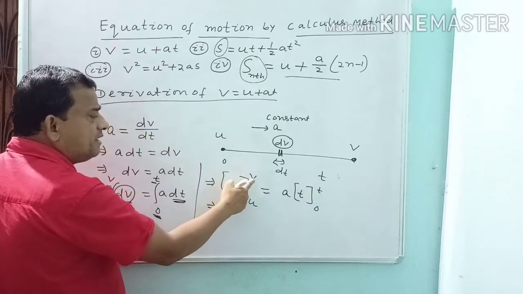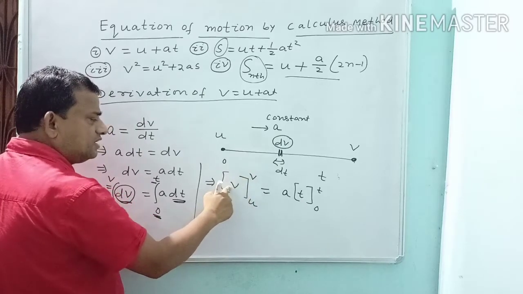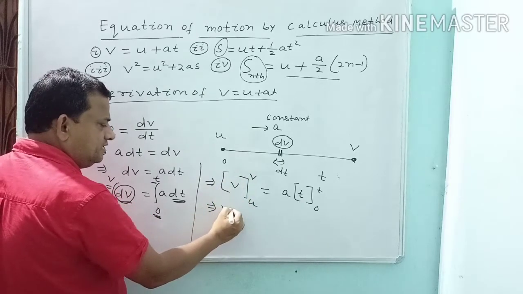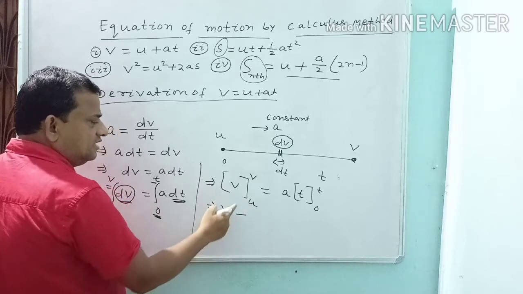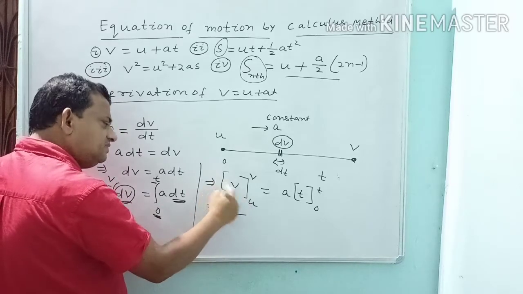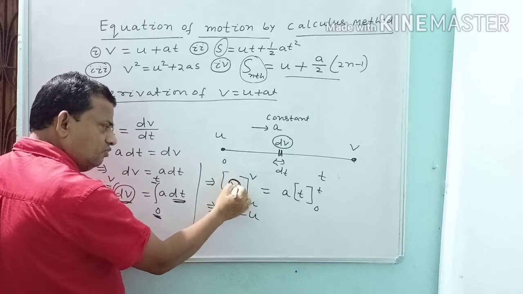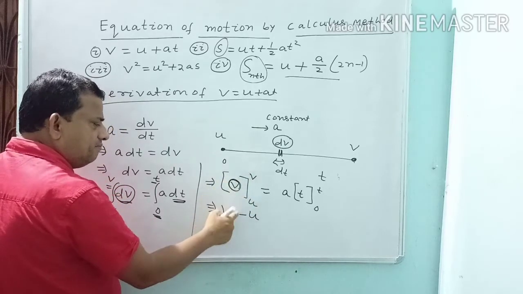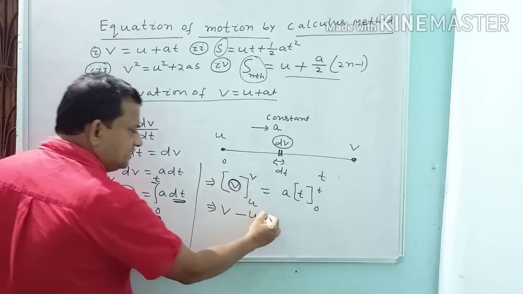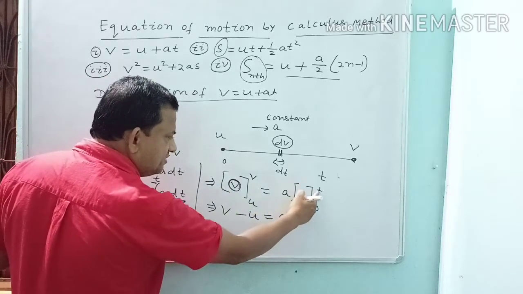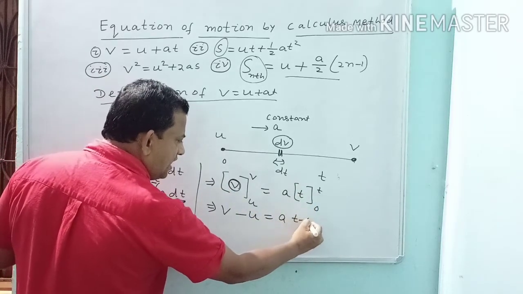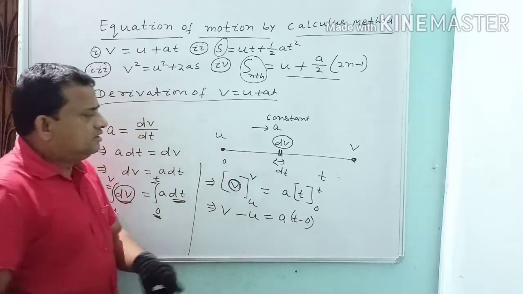Next, first you put the upper limit for this v, I mean this will be v, minus the lower limit for this v, I mean u. So for this variable, you put upper limit minus lower limit, is equal to a. Similarly, this is t minus 0.